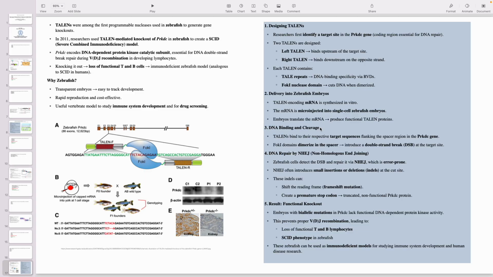So this protein is not functional in the zebrafish, and by this method the researchers could get a zebrafish with a PRKDC gene knockout, which leads to the development of the SCID zebrafish model.